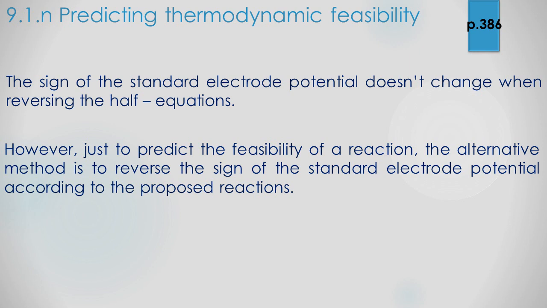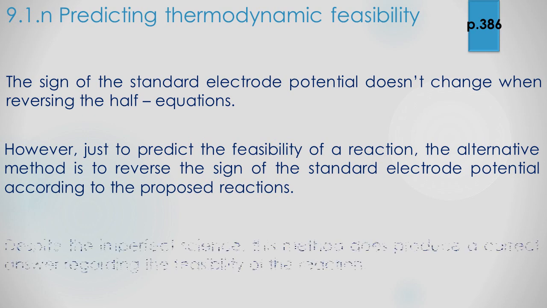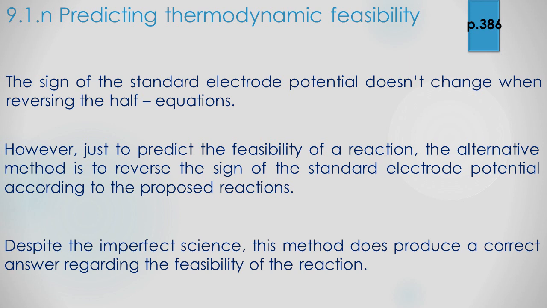Just invert the sign, find the E0 of the cell by combining the two E0s, and if the E0 of the cell is positive, the reaction is thermodynamically feasible. If the E0 of the cell is negative, then the reaction is thermodynamically not feasible.